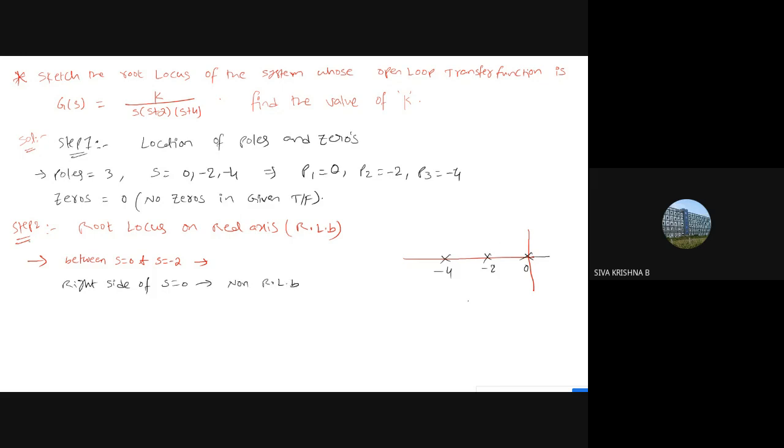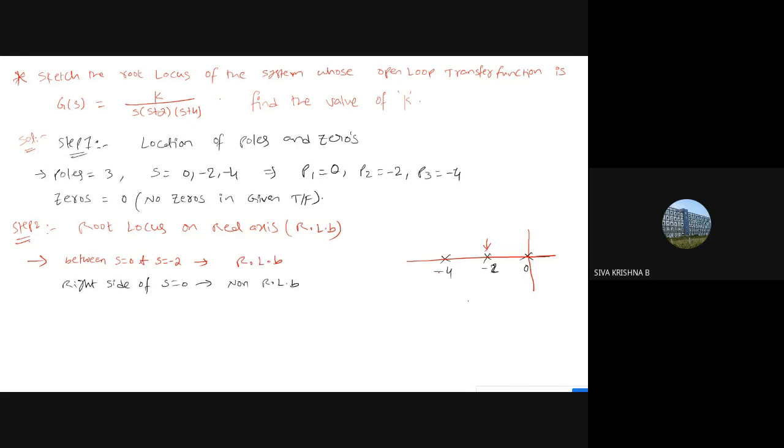Similarly, between -2 and 0: root locus, because if you take this point as reference, towards the right side you have one pole, that is odd, so this is a root locus branch.